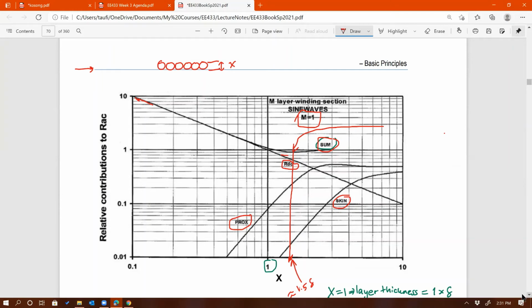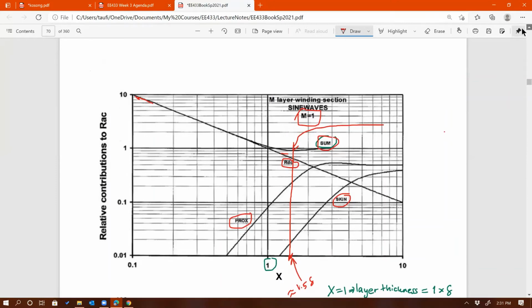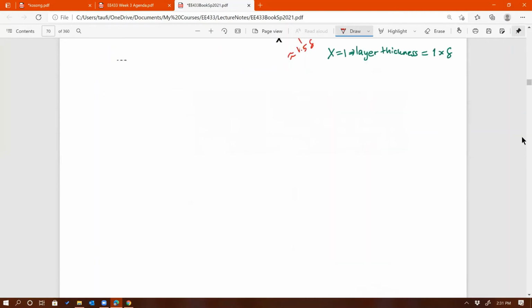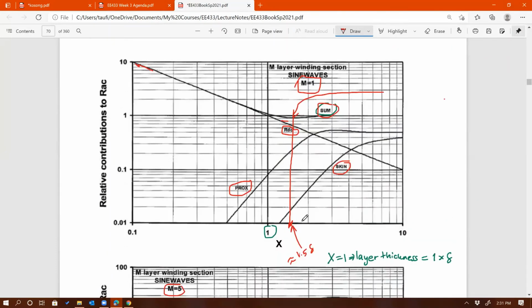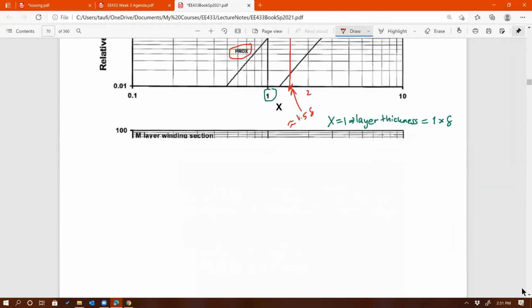So if it's only one layer, then that layer thickness X would be around what is it again? 1.5. Is it 1.5 really? Maybe I messed up on that one. This is 1. This is 2, 3. Yeah, I think it's about 1.5 roughly. So about 1.5 skin depth if it's only one layer. For this next example, how many layers is this?